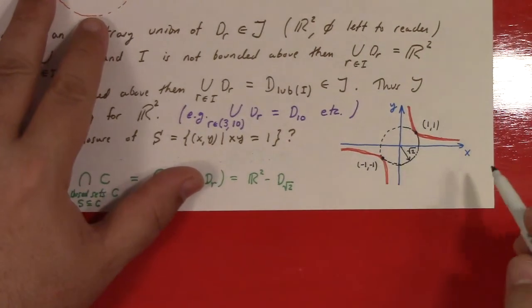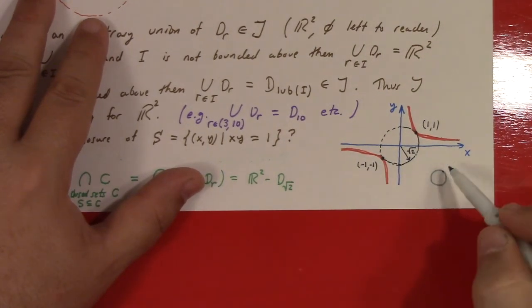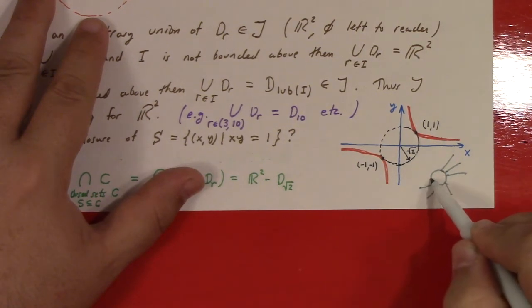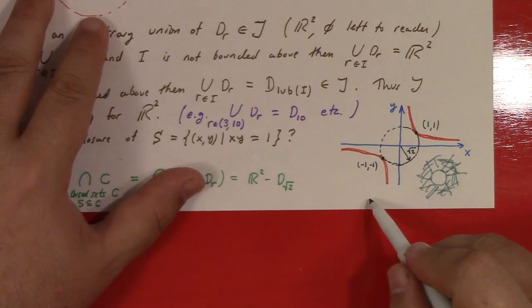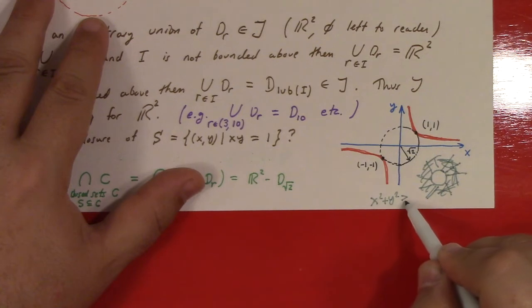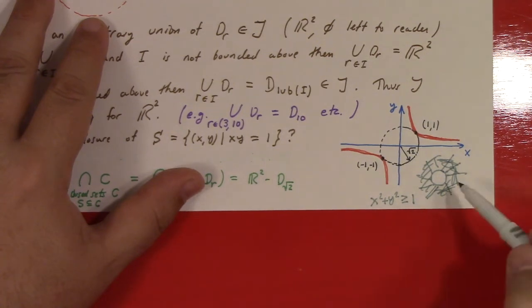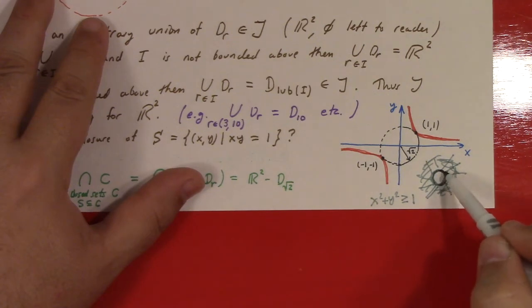If this is the unit disk, the closed unit disk, and then you take all the points outside, everything outside, in other words, say x squared plus y squared greater than or equal to, let's say, 1 for the sake of discussion. There's the unit circle right there.